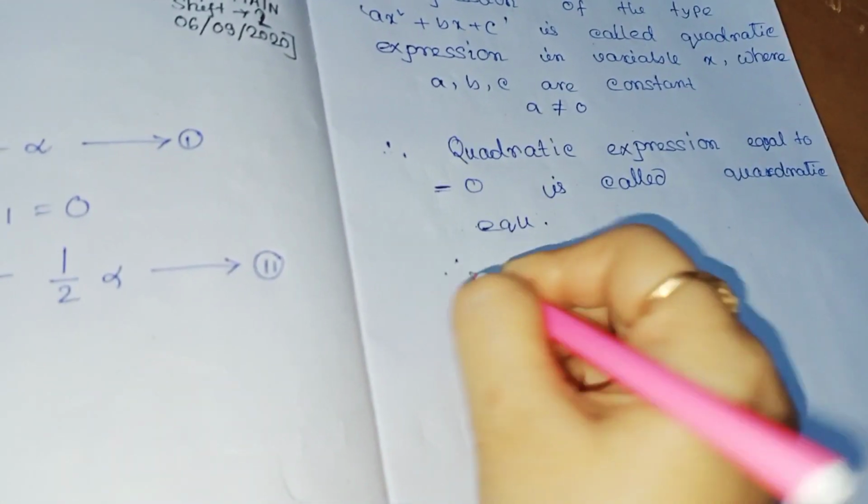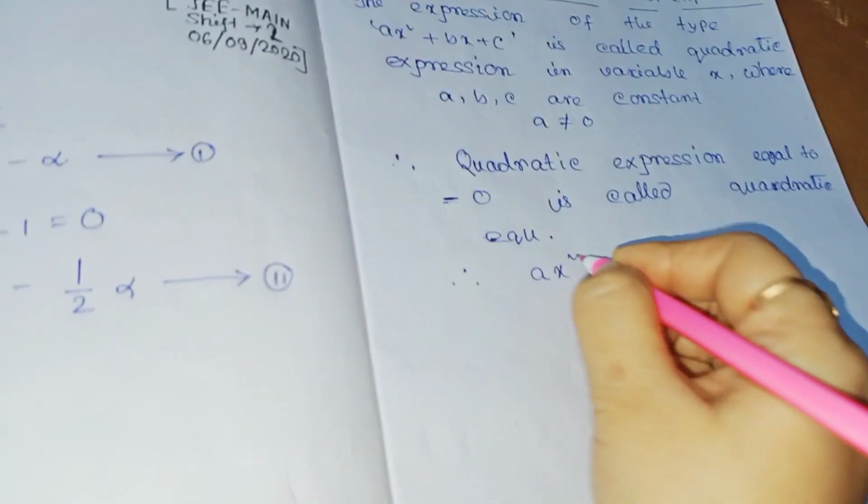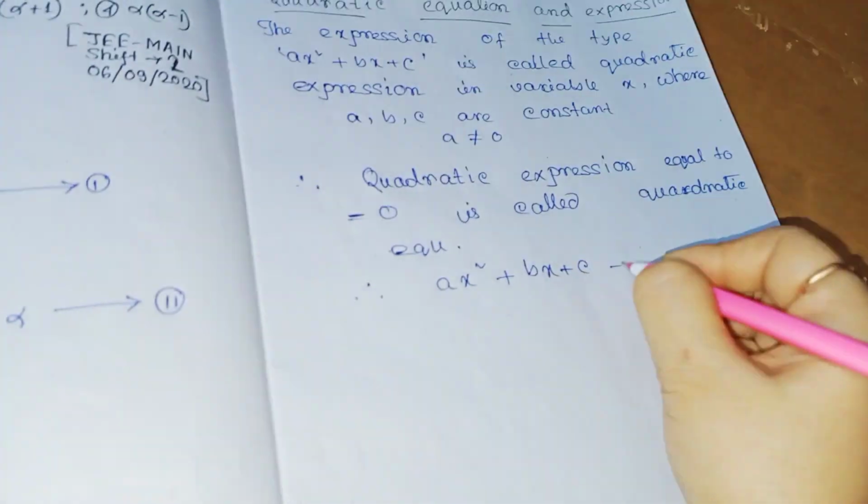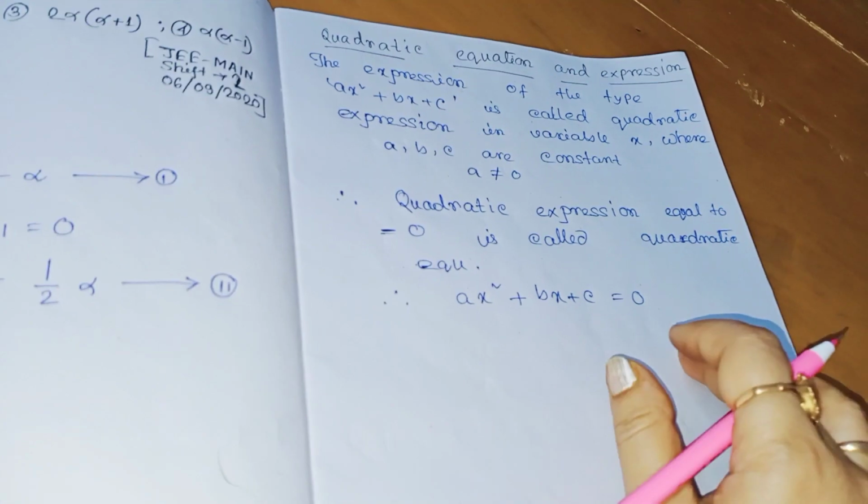Therefore, we may say ax square plus bx plus c is equal to 0 is a quadratic equation.